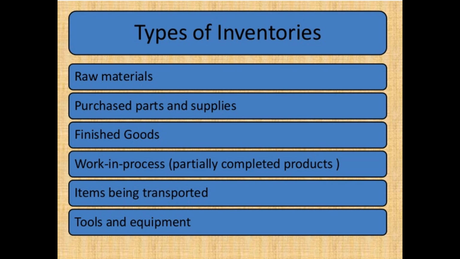This is the type of inventory. It's raw material, purchased parts and supplies, finished goods, work in progress, partially completed products, items being transported, tools and equipment.